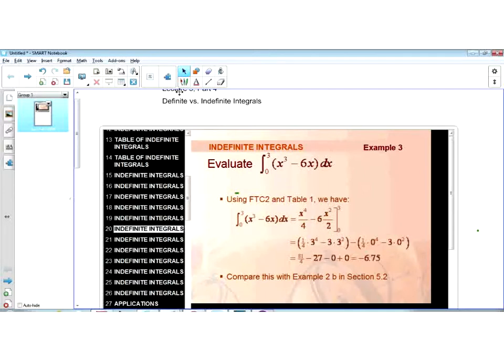We evaluate this polynomial at x equals 3, and then at x equals 0, and we subtract the two quantities. Then we get, again, our solution, which we arduously found using sums of areas of rectangles. So you can see we reduced 4 pages of calculations down to a third of a page.